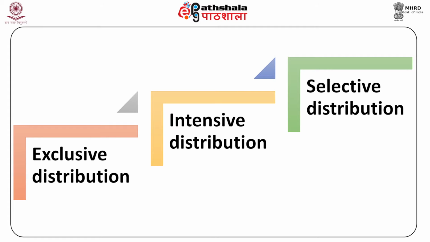In this type of distribution, there are several intermediaries to handle the product. The consumer reach is wide and the order size is also small. This system is complex in nature because it's very difficult to keep a check and control on a large number of middlemen.